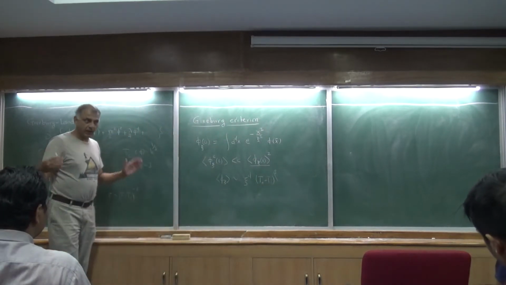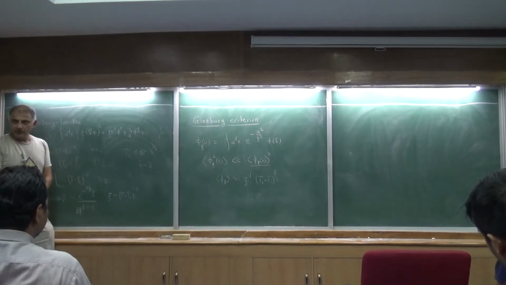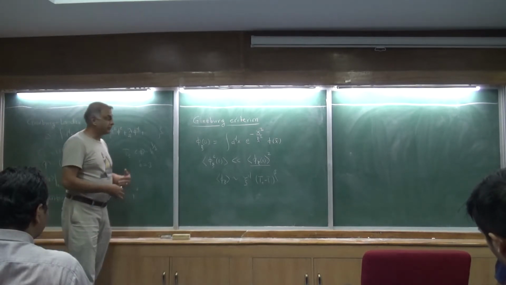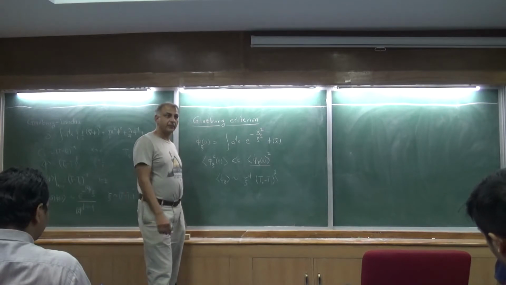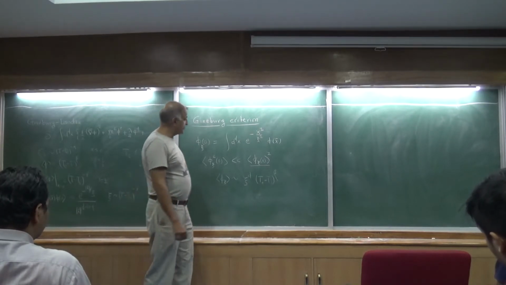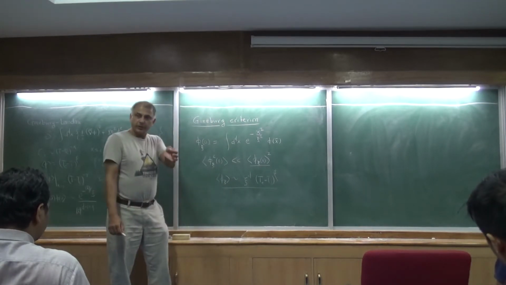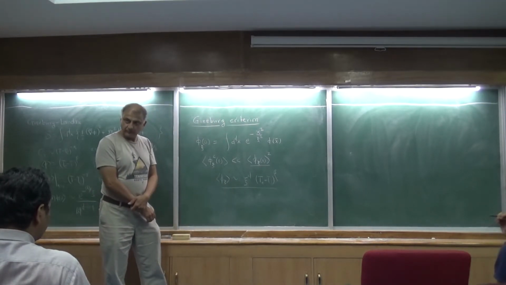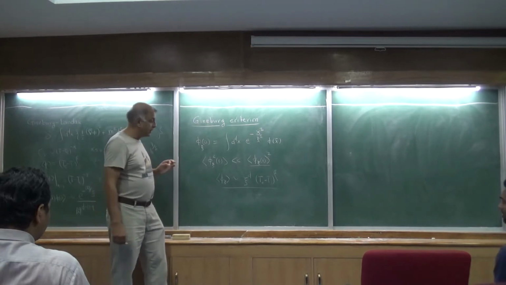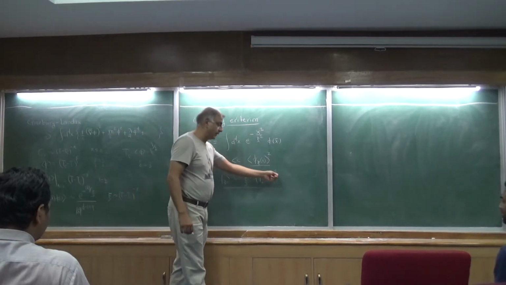That's just the average of the magnetization of the correlation volume. Now you see, this really tells me how close I am to the critical point. The closer I get to the critical point, the smaller this will get.